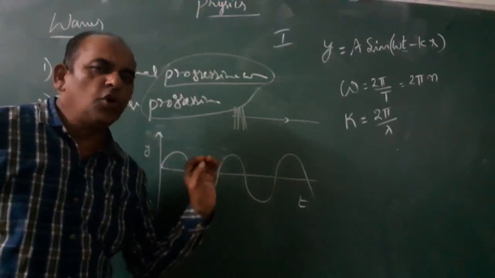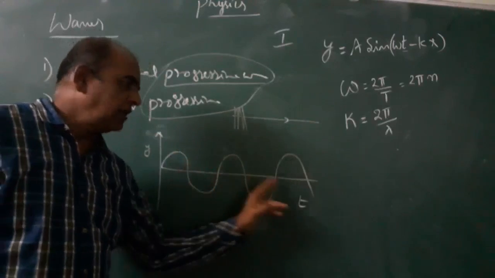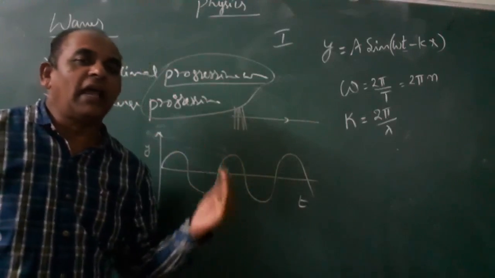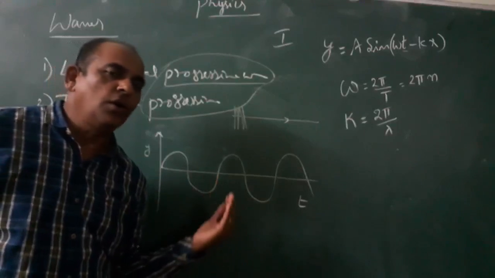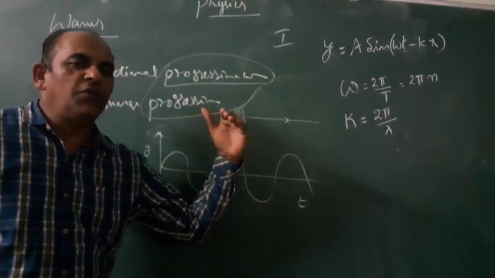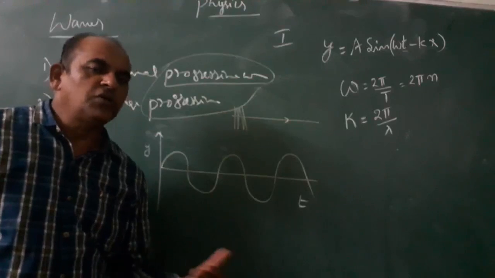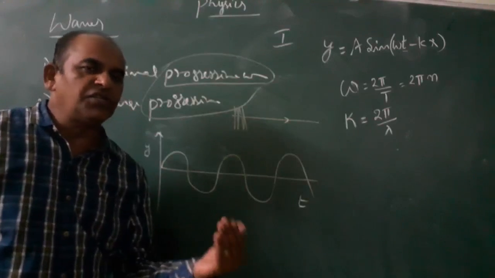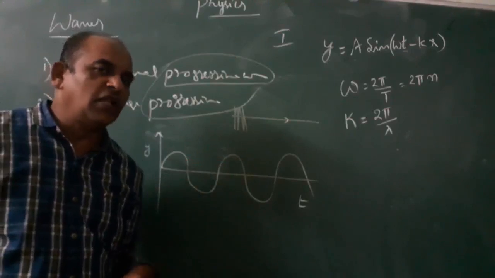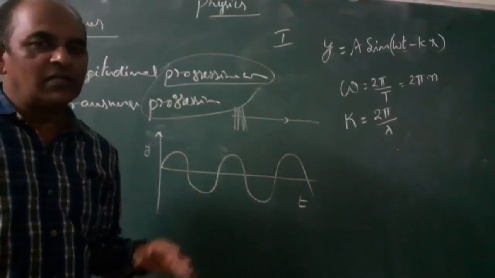So periodic motion or simple harmonic motion is represented by a sine curve. It is called a sine curve because sine and cos values change periodically: sin 0 is 0, sin 90 is 1, sin 180 is 0, sin 270 is −1, sin 360 is 0. Cos values also change like that, between maximum and minimum. That's why this is called a sine curve.